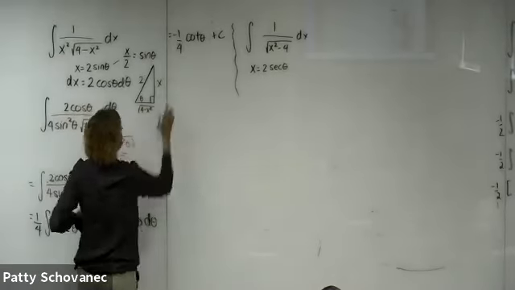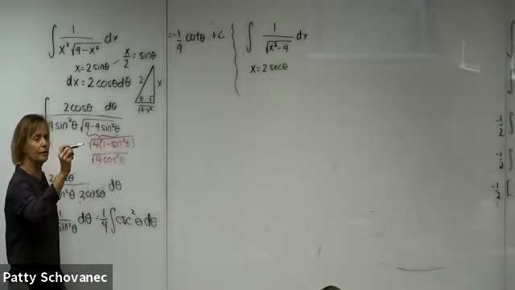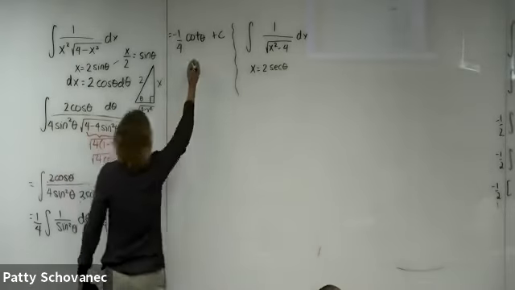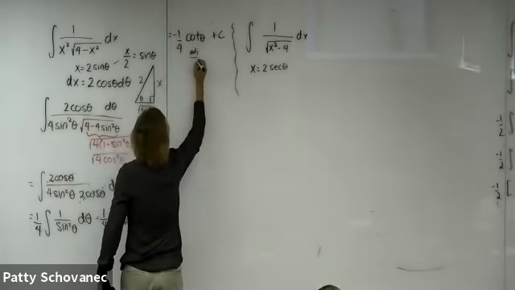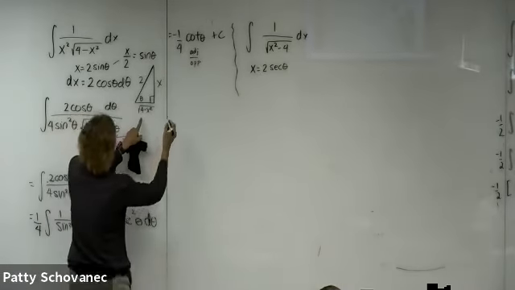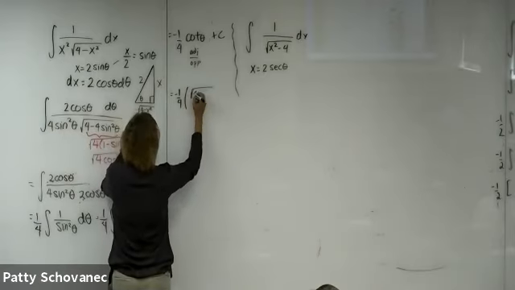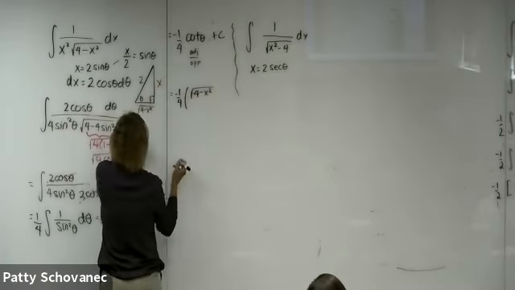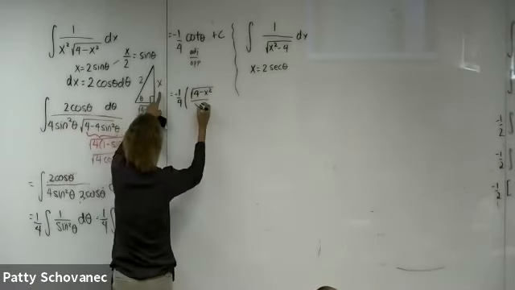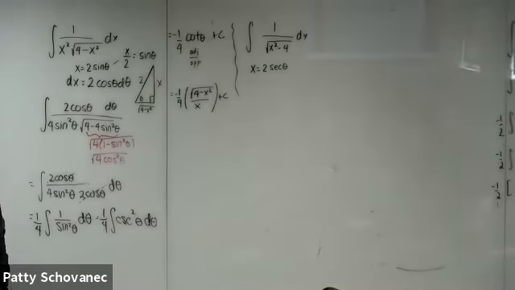And so the cotangent is adjacent over opposite. So if I use this triangle, my adjacent side to the angle is the square root of 4 minus x squared, over, and the opposite is x. And then you don't have a composite of a trig with an inverse trig. Okay?